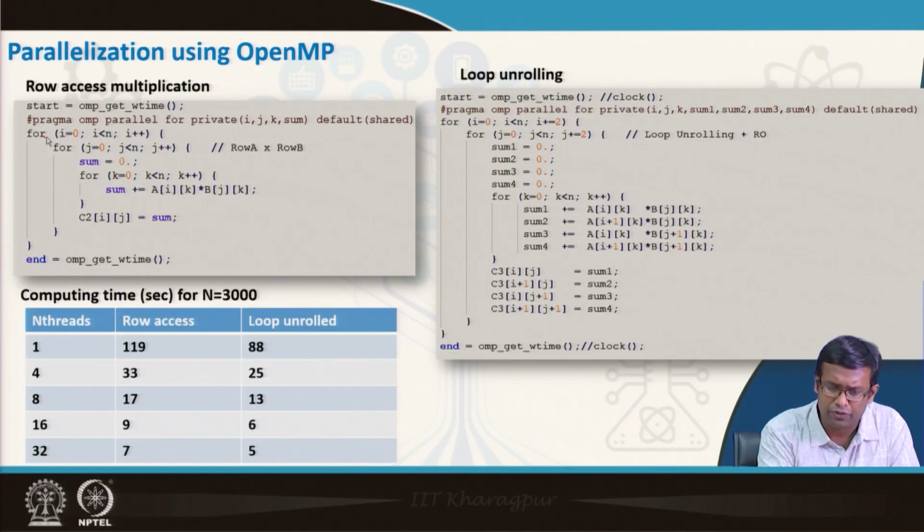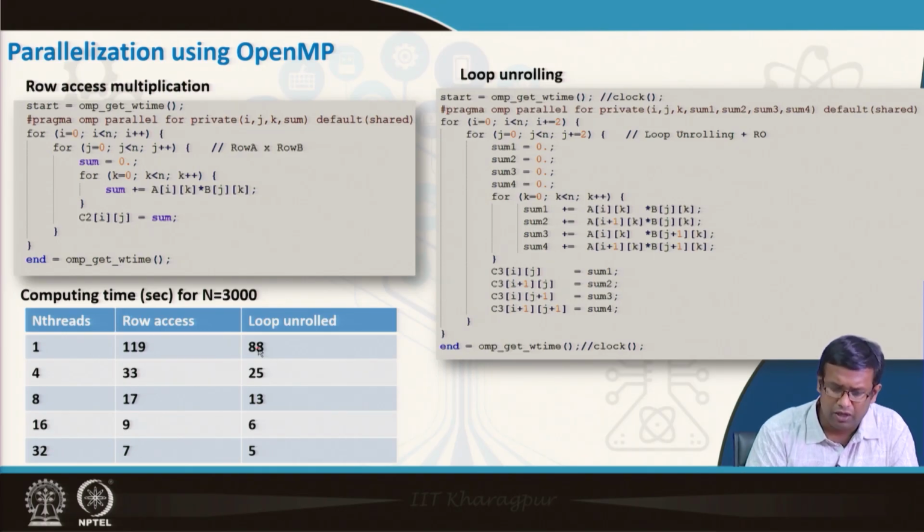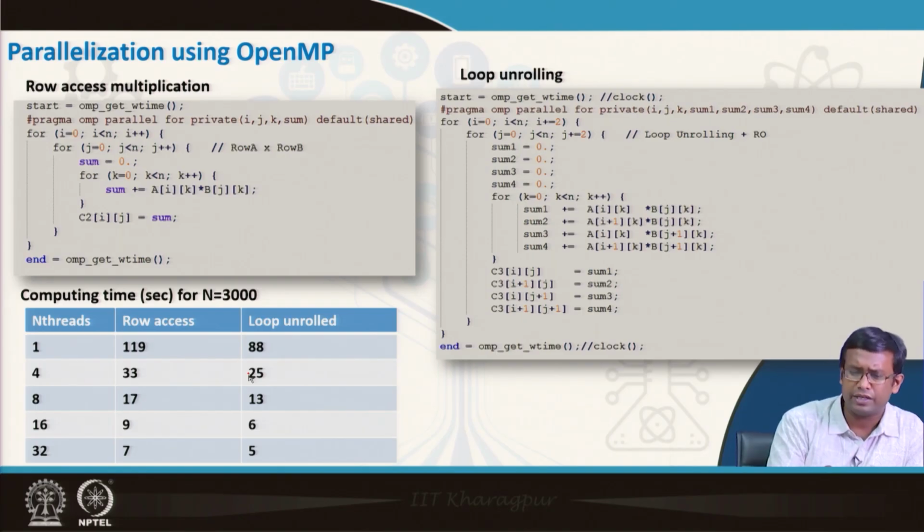Again, parallelization will be only in the outer loop, as simple as matrix vector product. The computing time, which was 119 seconds for one thread, for 32 threads comes to 7 seconds. For loop unrolled it comes down to 5 seconds. So, parallel performance is also better with loop unrolling, and parallelization is very simple.